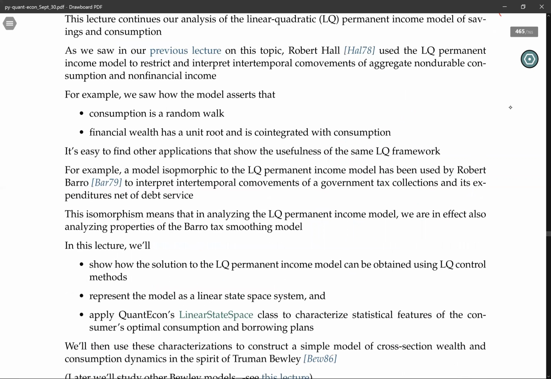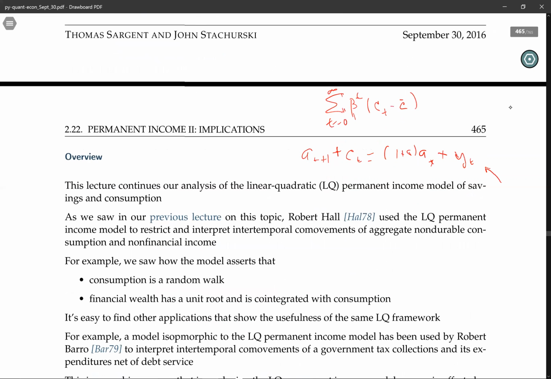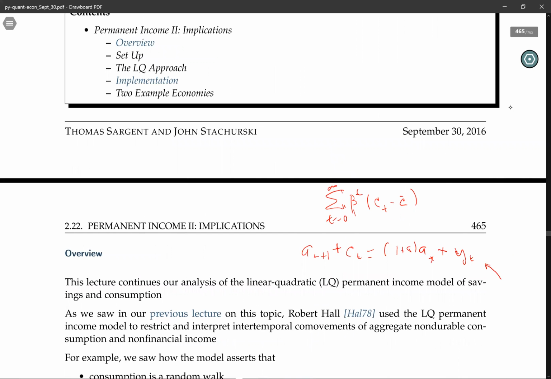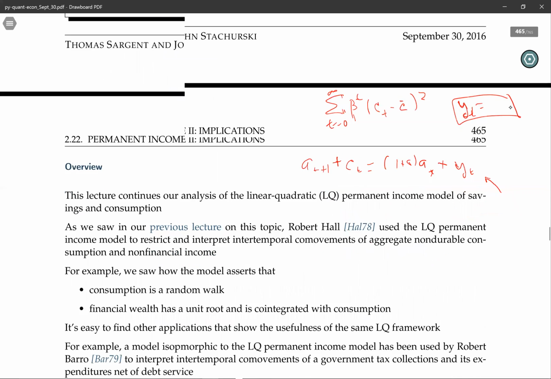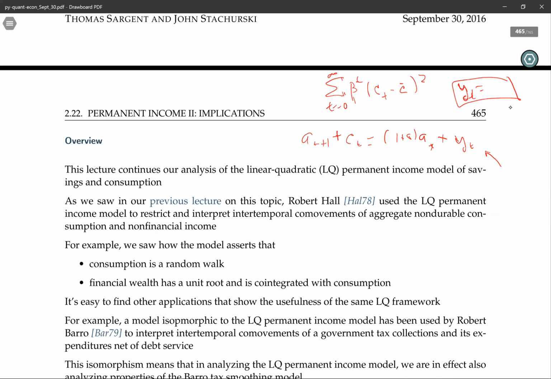Okay, so this has a number of properties. The key property that came out of this model is that you can make up any income process that you want, and no matter what it is, the person is going to want to smooth consumption. It's drastic consumption smoothing, using savings to make consumption look much smoother than income.